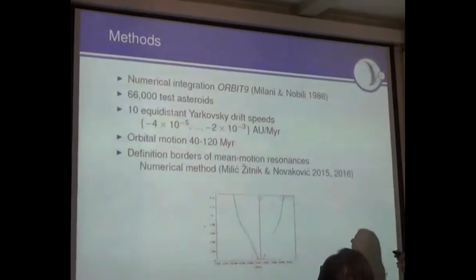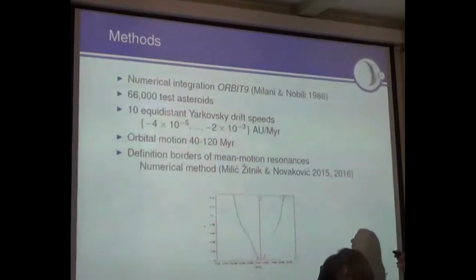It's very important to say that we put them outside the outer border because we wanted to see the whole effect of the interaction between asteroids and each of the 11 mean motion resonances.